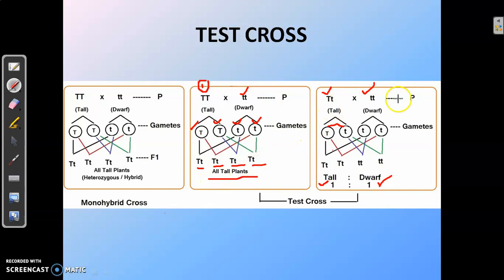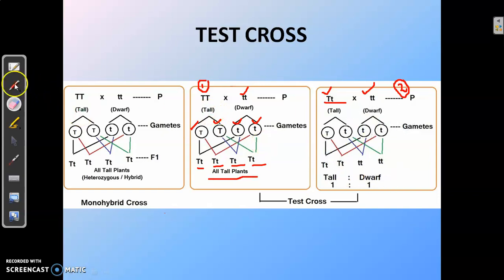Now, let us take the example where a tall plant is heterozygous in nature. It produces two types of gametes, capital T and small t. When such a plant is crossed with a dwarf plant, the dwarf plant produces only one type of gamete, that is small t. So, in such a cross, we get two types of combinations, capital T small t as well as small t small t.